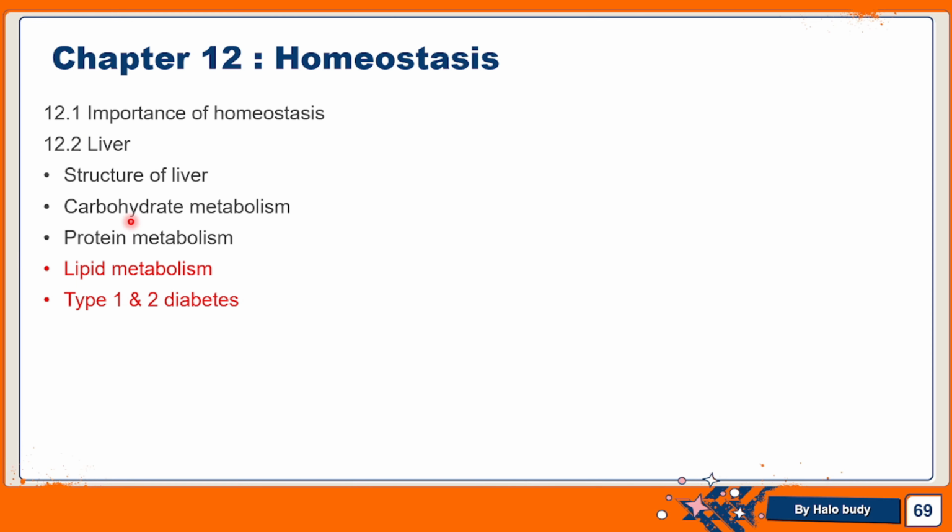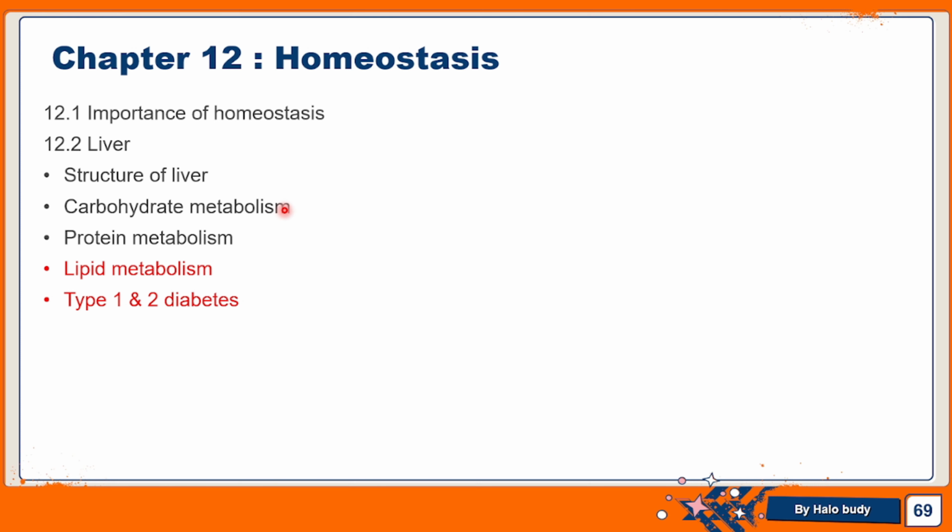This process occurs mostly in the liver. Glycolysis is the process that occurs in all types of cells. Any cell in our body will conduct glycolysis, but only certain processes in carbohydrate metabolism occur in the liver. One of the major processes is the control of blood glucose. We know that there are insulin and glucagon, right?